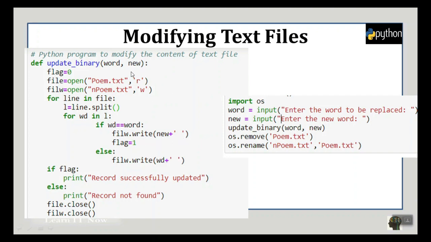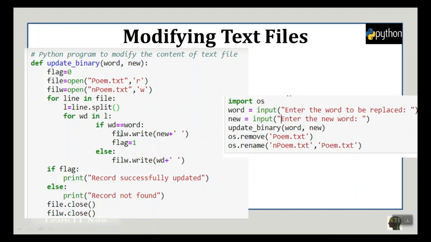Instead of "is", I want to write "was", so "was" is stored in the variable new, so new will be written plus a space, because after every word we want a space to be there. Flag equals 1. This flag indicates that we have encountered one of the words which is to be replaced.